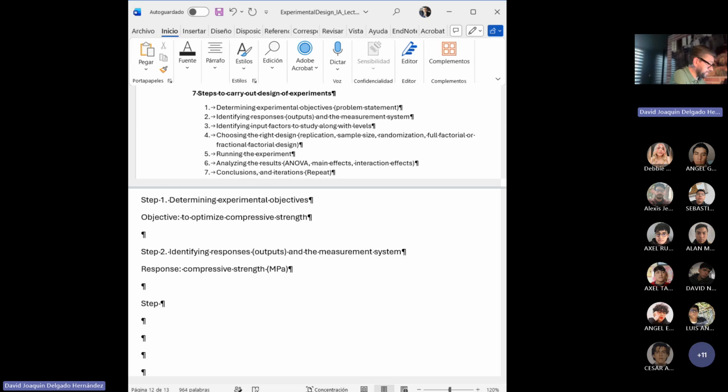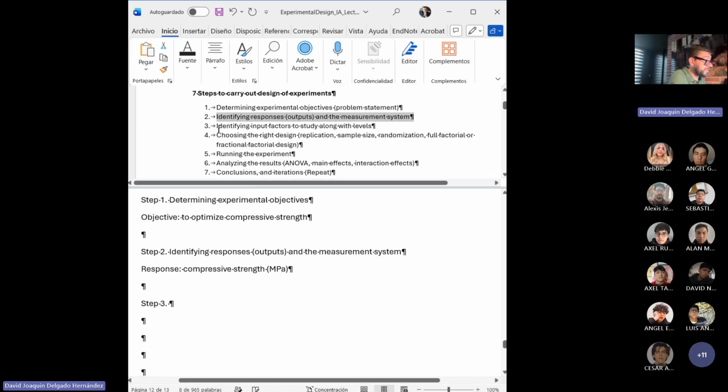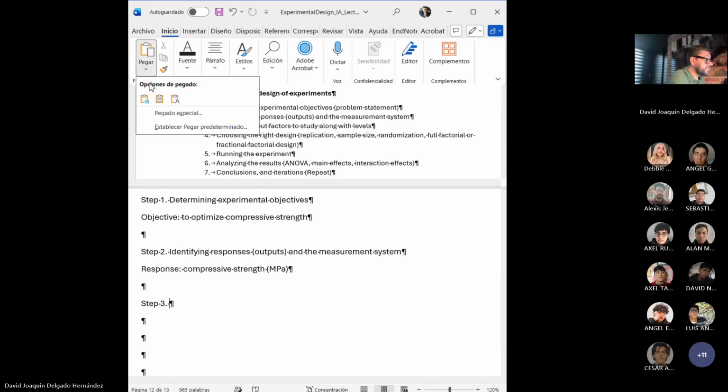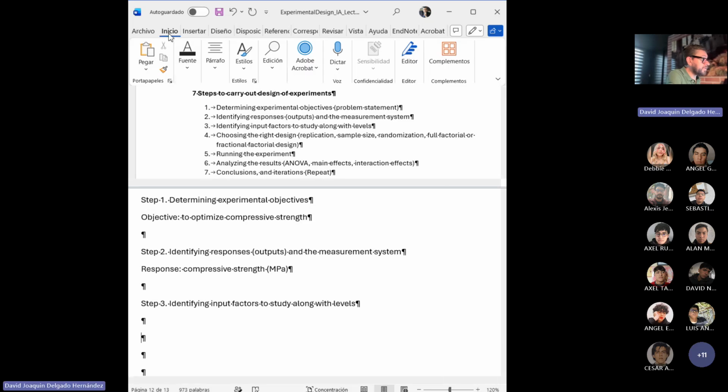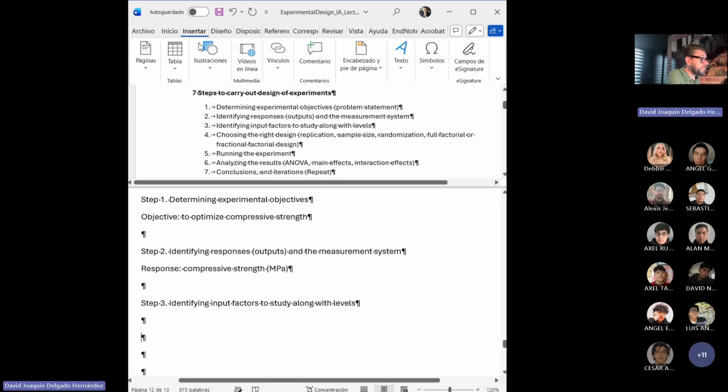Step number three. There are 7 steps, remember. We are in step number three, which is identifying the factors and the levels. Step number three, paste, identify the factors and the levels. Okay, so let me put here a table. In this case, we are going to use only 2 factors.